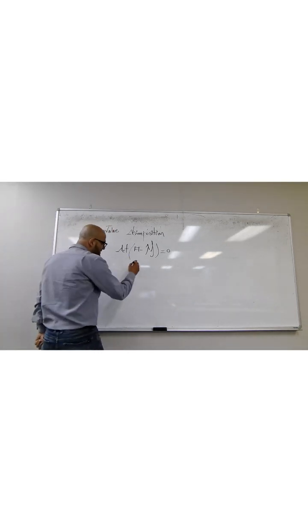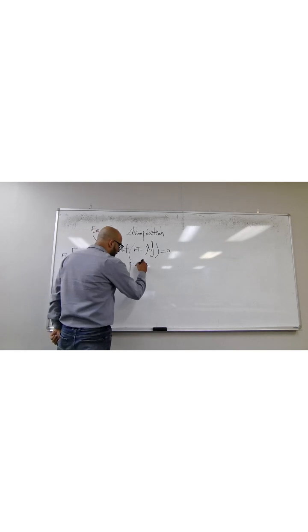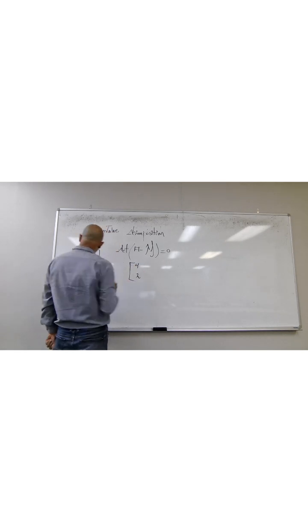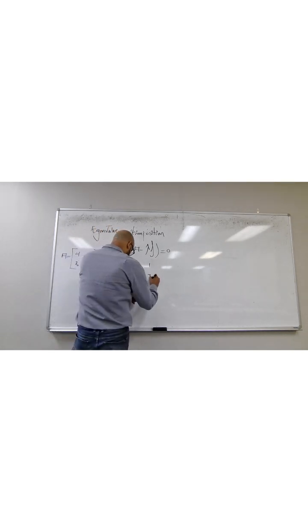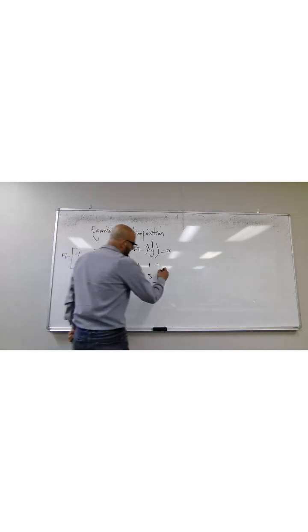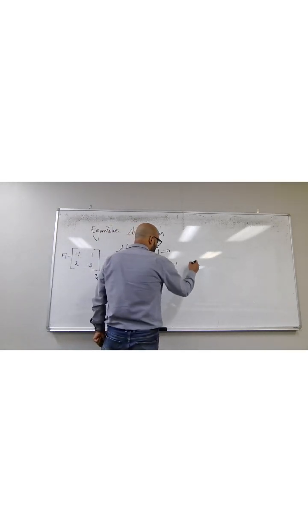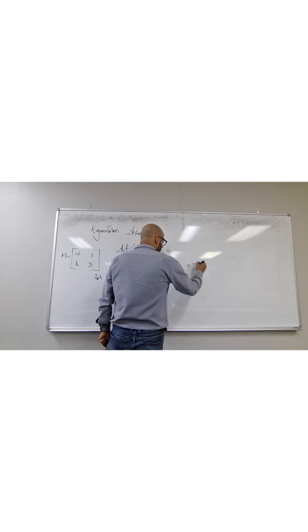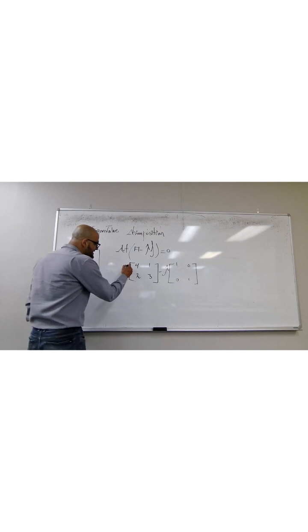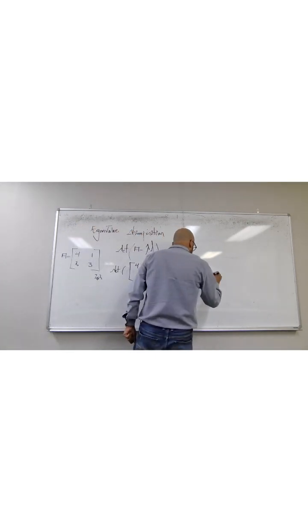I have the given matrix A. Matrix A is given, which is 4, 2 in the first column, 1, 3 in the second column, minus lambda I. My identity matrix is 1, 0, 0, 1. I know that the determinant of this has to become 0.